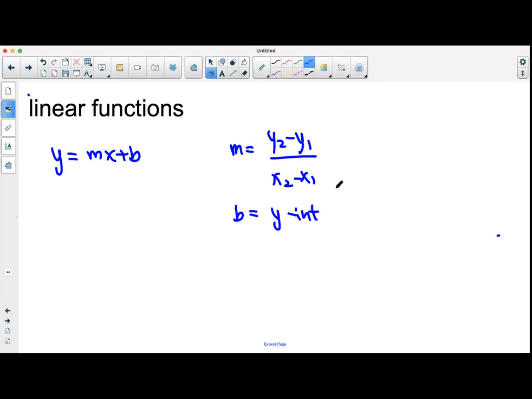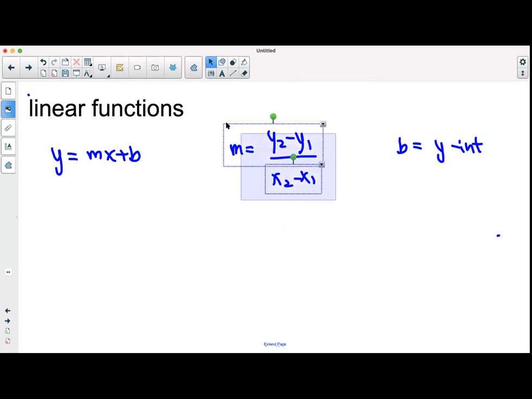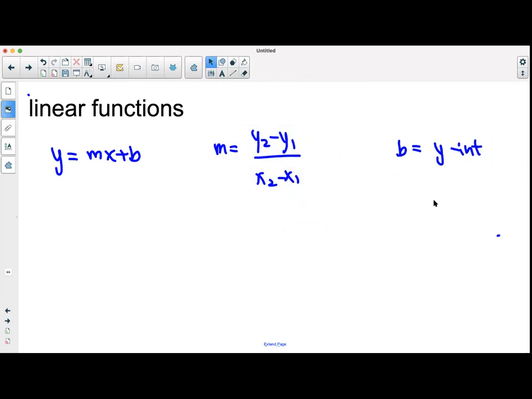But as I mentioned earlier, slope and y-intercept actually have more meaning than just whatever you see. For example, I want you to realize that slope is change of y, the vertical axis, over change of x. That concept is very, very important.